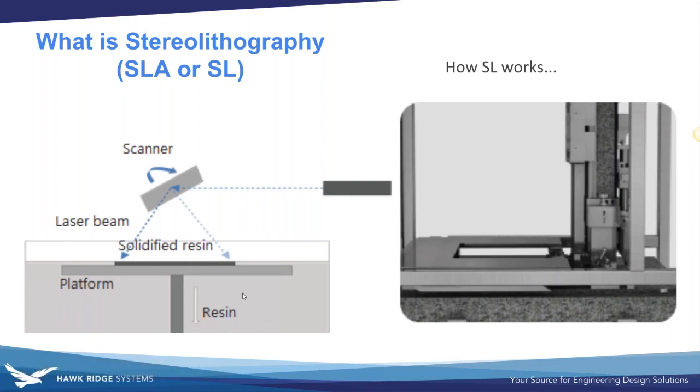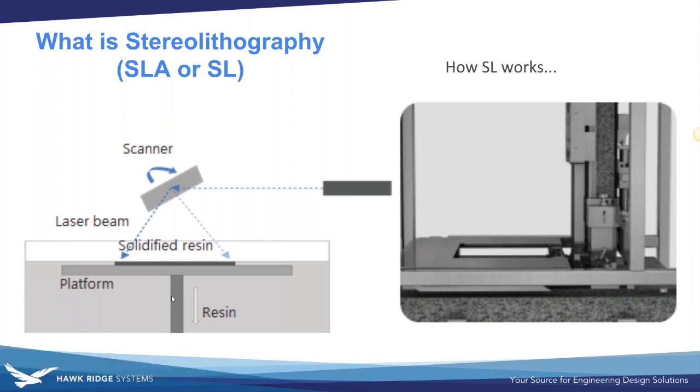What is really fantastic about this technology is that there's not many moving parts. Everyone wants reliability, and if you can imagine, less moving parts means more reliable. What moves is basically the scanner system, which moves the mirror, and the platform that goes up and down. That's about all that moves.